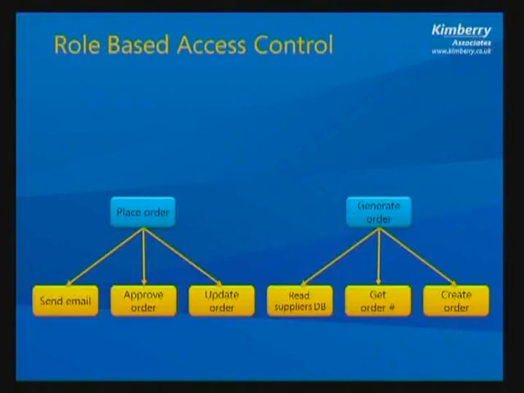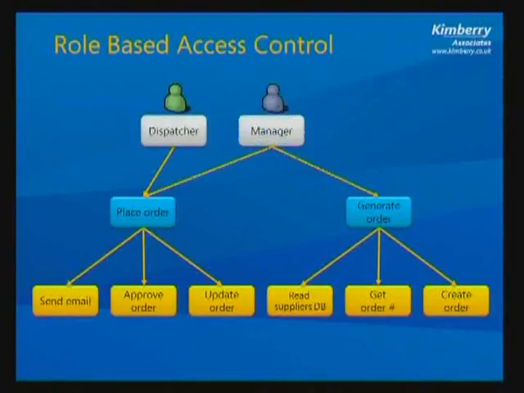Probably we should start talking to the guys that are going to run the whole thing at this point in time as well, and get the collaboration. Then we create these roles. A dispatcher places the order. We've got a manager who can place orders and generate orders as well. And then we've got an order clerk who just generates orders. So there we've got our roles. But now we've got 3 tiers.